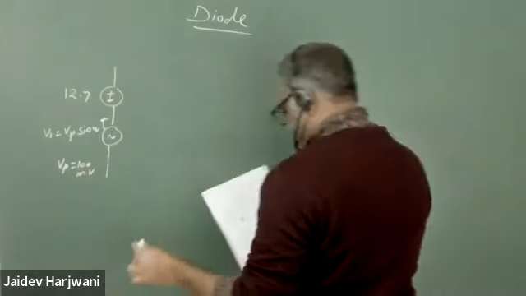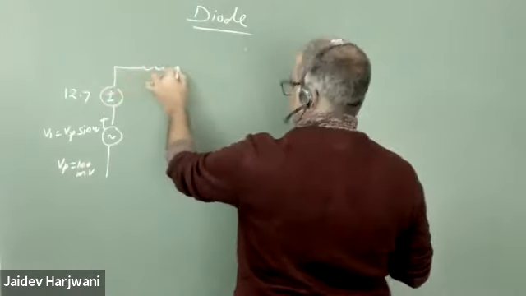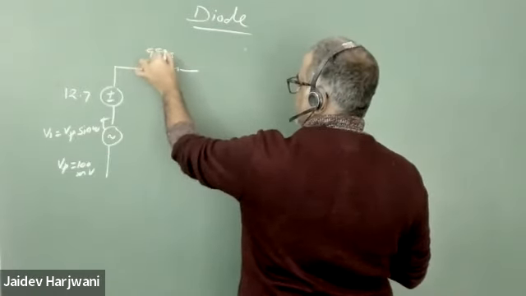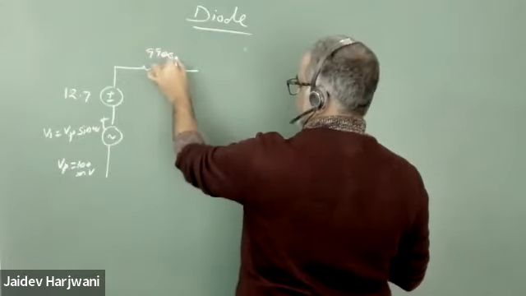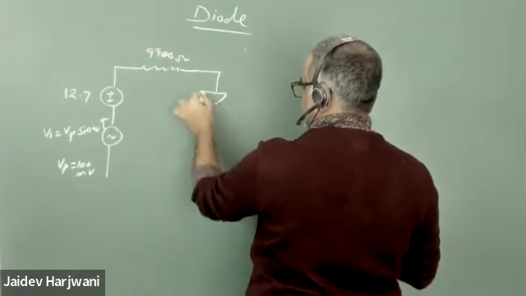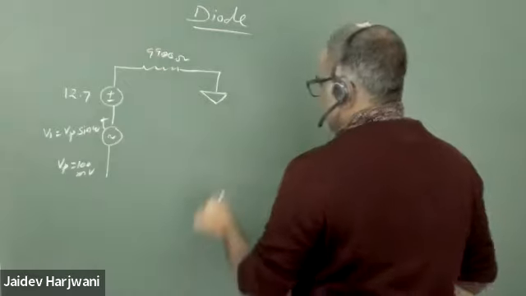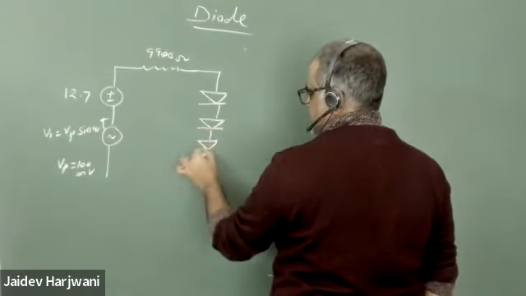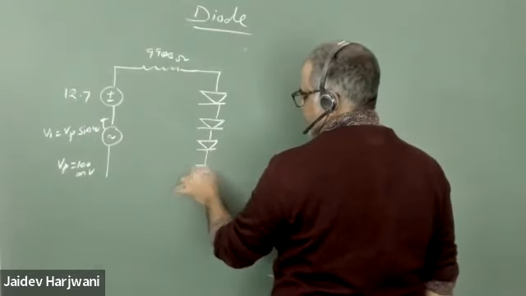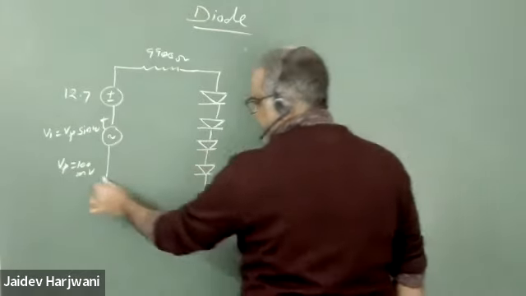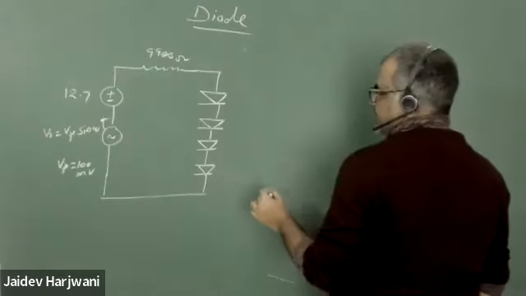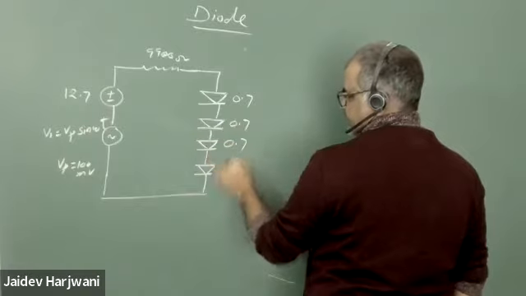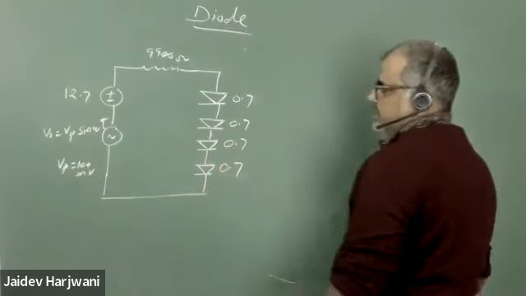Here they have given one resistance of 9900 ohm, and they have connected 4 diodes in series, and all 4 diodes are made of silicon. So जैसे silicon बोला है, these are 0.7, 0.7, 0.7 and 0.7.